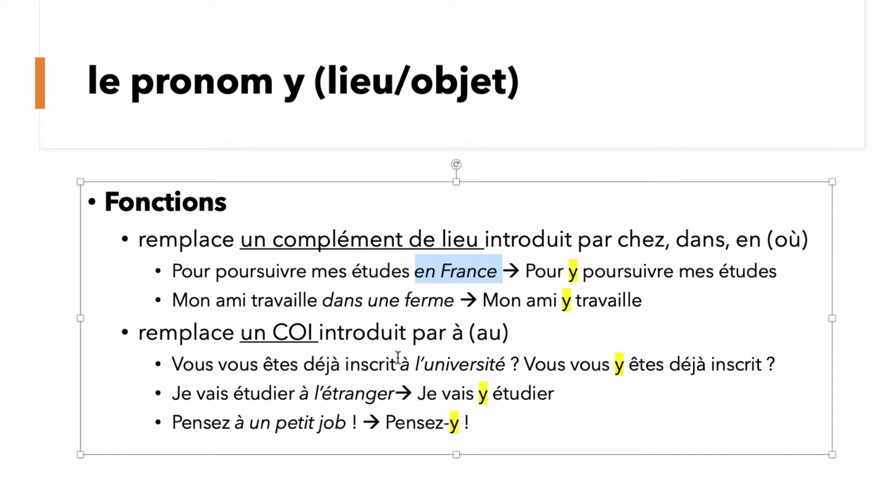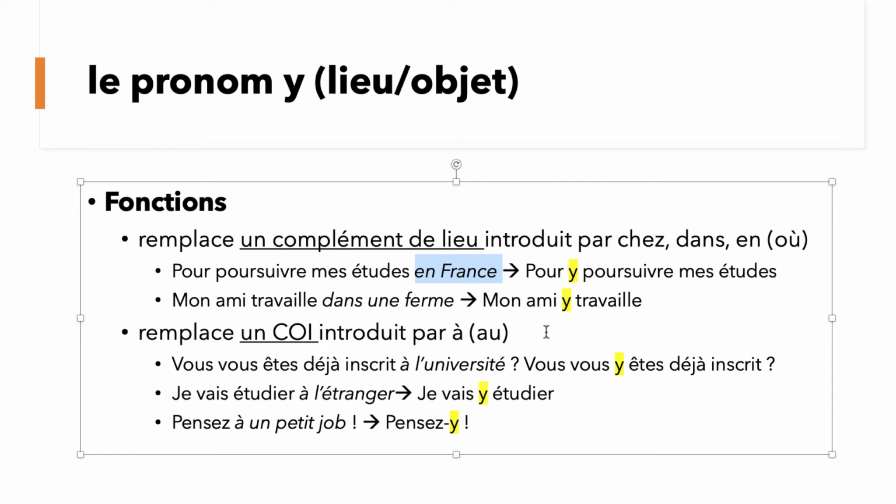whatever is in italics. This one is going to be new for you, okay? Le pronom y remplace un COI introduit par à, okay? Remember, COI is when you're asking the question à qui, à quoi, right? We've seen in 102 that it's basically for people. Je parle à qui? Je parle à Pooja. Je parle à qui?